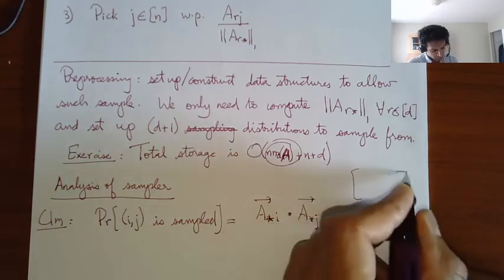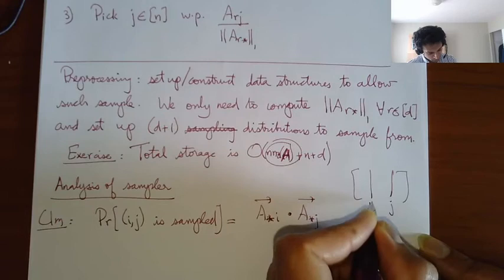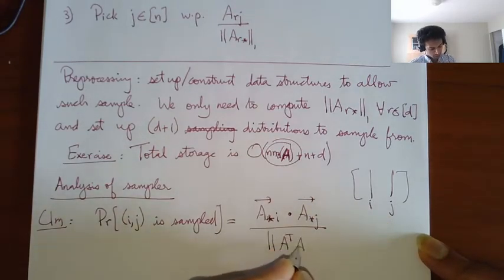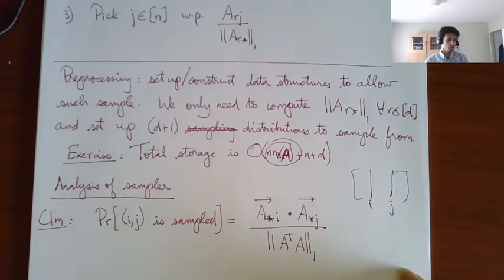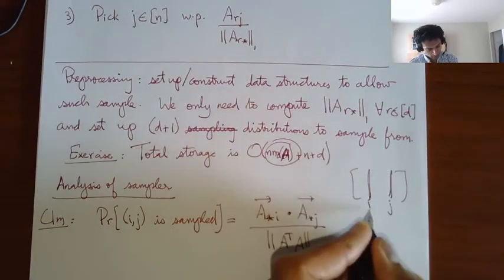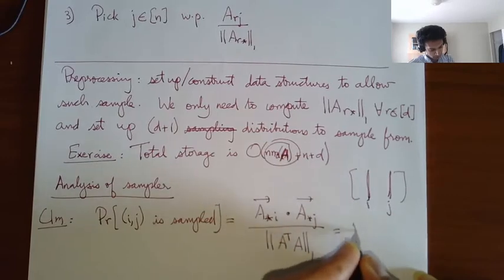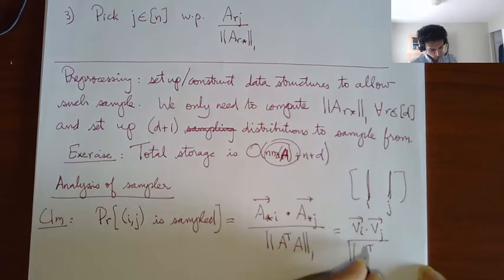Remember, A star i and A star j are looking at columns, divided by the one norm, the sum of all these entries, right? So this is essentially a probability distribution. The probability of sampling i and j is proportional to the dot product of the corresponding vectors, or remember we call this vi dot vj, right? It's the same thing, divided by the one norm.